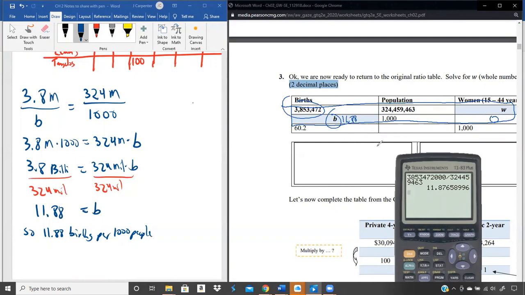These rounding errors end up causing bigger errors down the line. So maybe this answer is supposed to be, let's just say it was 12.5. That's completely wrong, but it's supposed to be 12.5. But with your number, you get 12.6. My math lab might mark it wrong, and that's because you used borrowed information to move along. So my suggestion is to try and only use, when you can, the numbers prescribed to you.